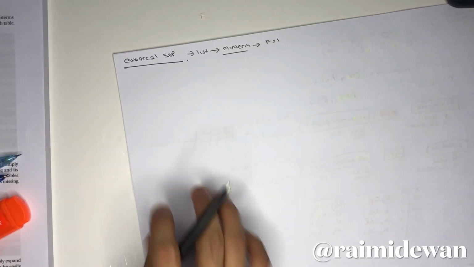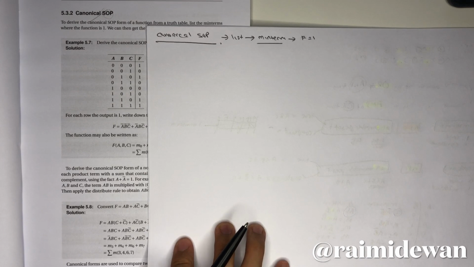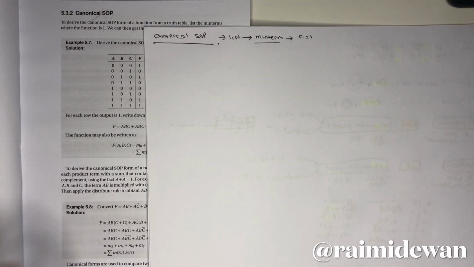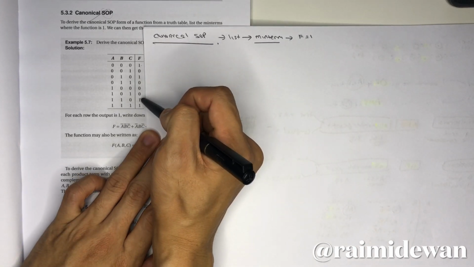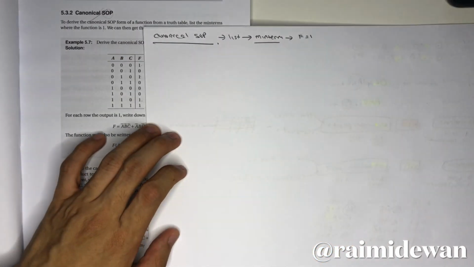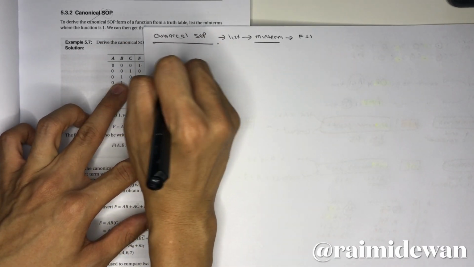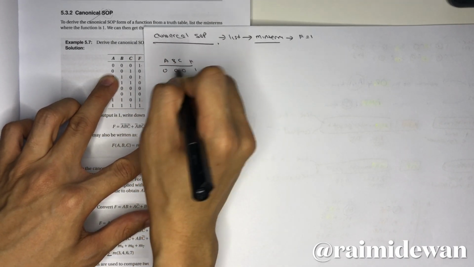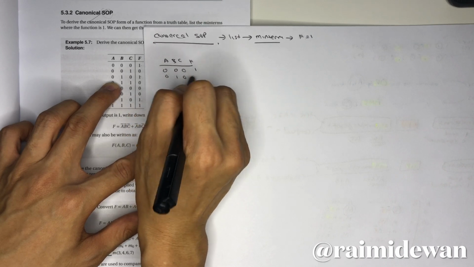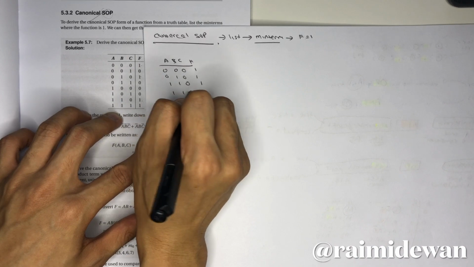I don't want to waste the pages of the paper. You can see in the minterm where the result is the value of 1. Here, here, here, and here. There are 4 combinations, so I just put it straight away here to save some space. 000 results in 1, 010 results in 1, 110 results in 1, and 111 results in 1.